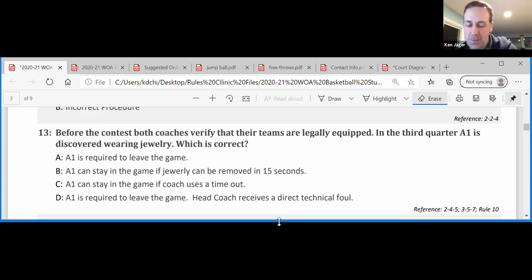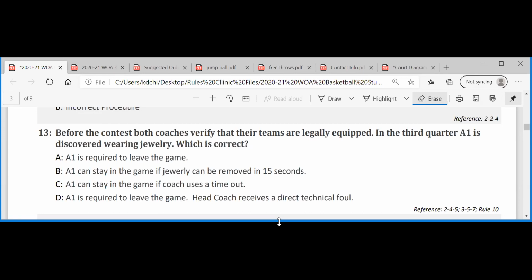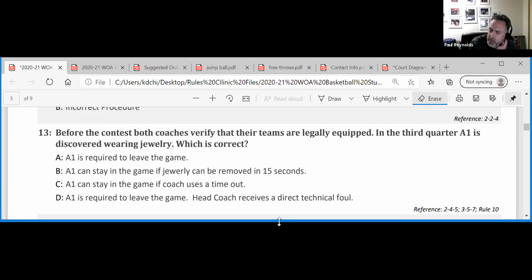Anybody else? I'm just throwing that one out there. I'd agree. I had D, that he has to leave the game and the coach receives a direct technical, because he had already explained to you that all his team was legally equipped. Otherwise, why would you ask him if you weren't going to penalize them if it happened? There's some logic to that.